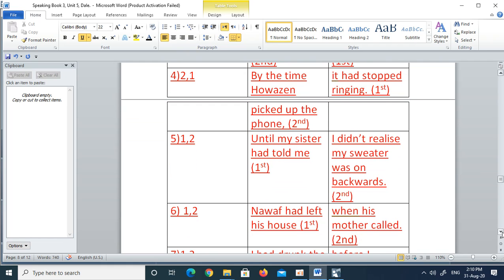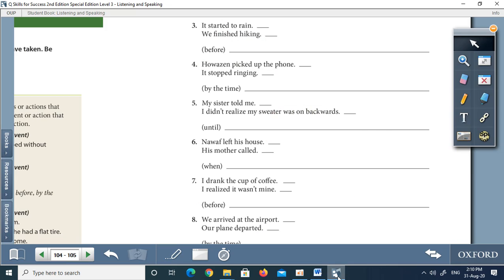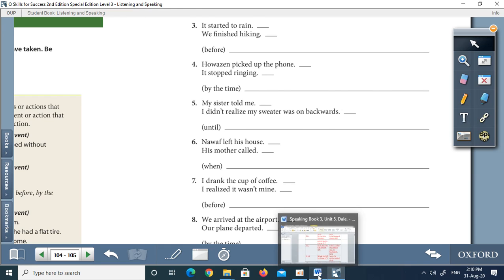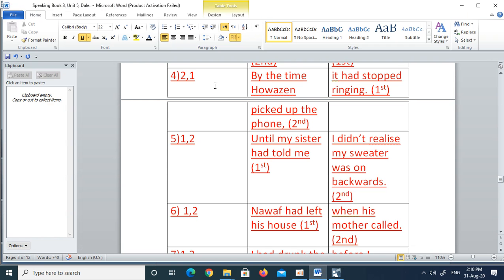Number 4, Howison picked up the phone. It stopped ringing. By the time Howison picked up the phone, it had stopped ringing.